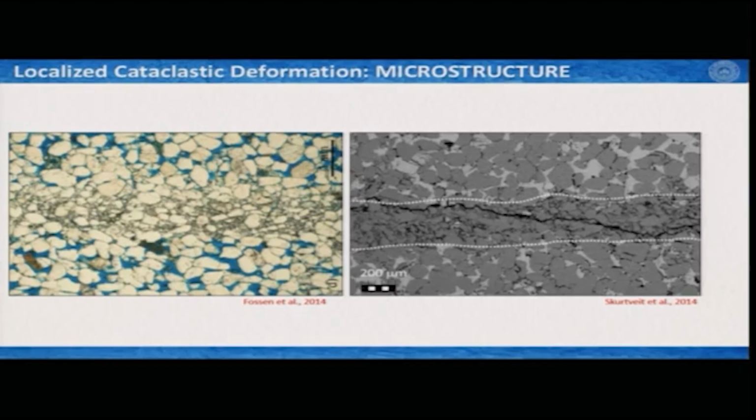Now, this is how they look under the microscope. The first one is an optical microscope image. You can see that these yellow things are your sand size grains, and the background is blue, which is your porosity. You clearly see a zone in the middle running from west to east where there is an anomaly. This part is a little heterogeneous compared to the areas above and below.